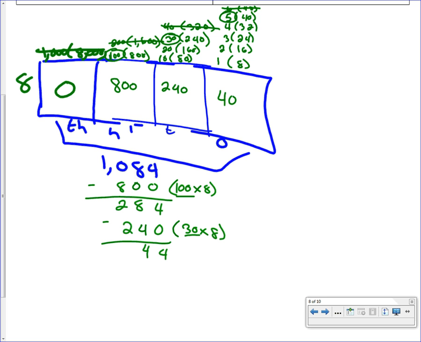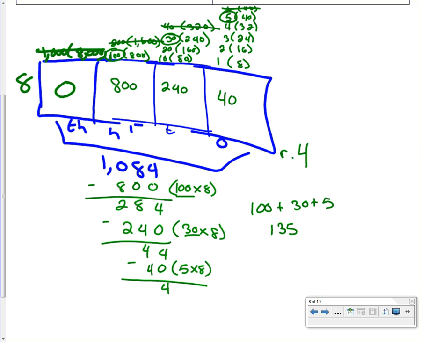So I have to subtract 40, and I got that by multiplying 5 times 8. Subtract it, I get 4. So I have a remainder of 4 down here. So 100 plus 30 plus 5 would be 135 with a remainder of 4.